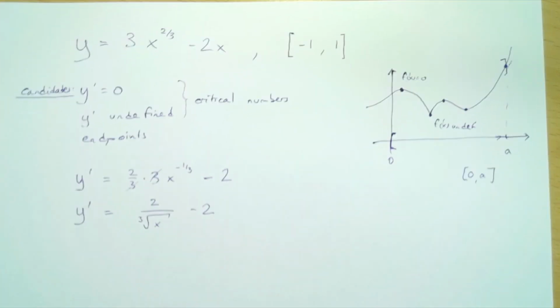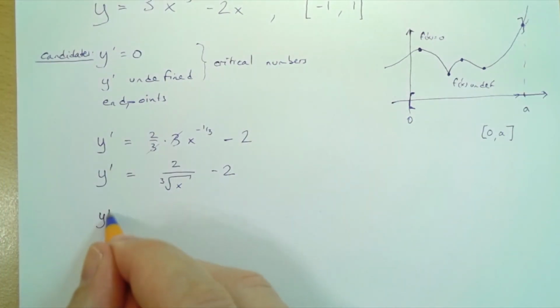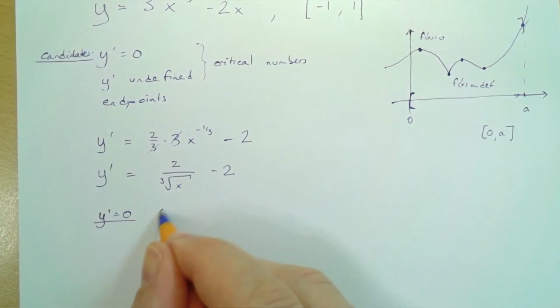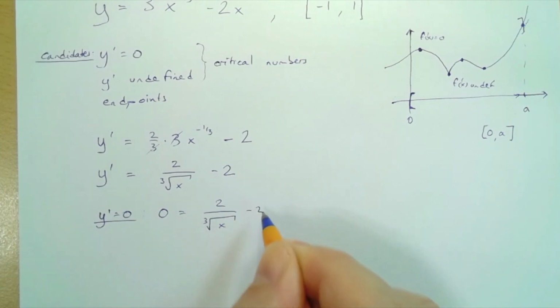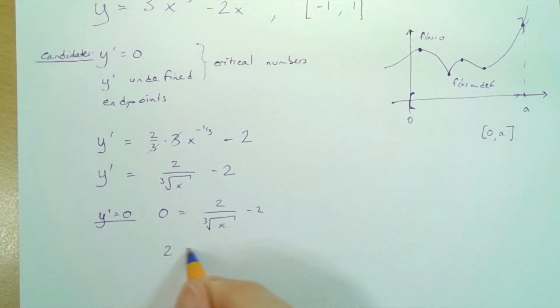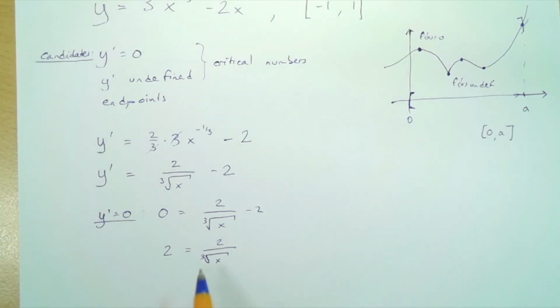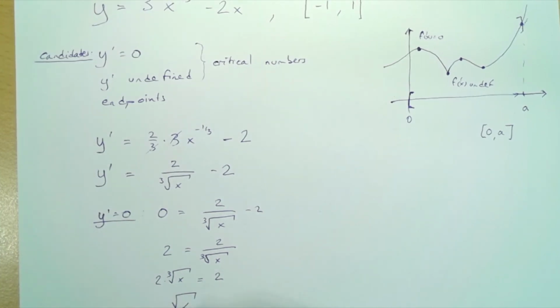All right, so let's start. Let's find where y prime equals 0. So 0 equals 2 over cube root of x, minus 2. I'm going to add 2, multiply by cube root of x, divide by 2, and find x equals 1.